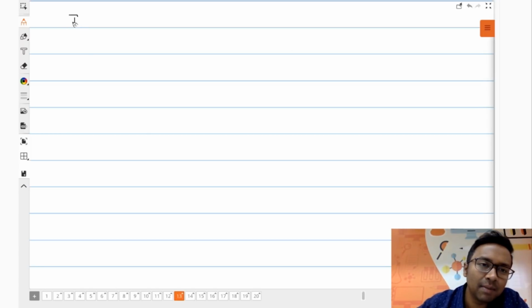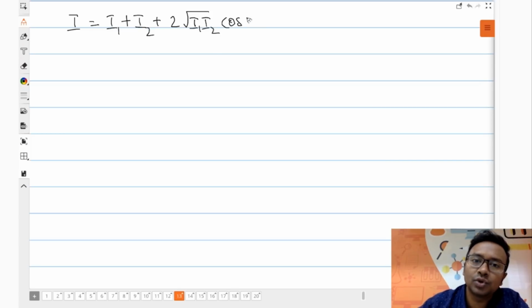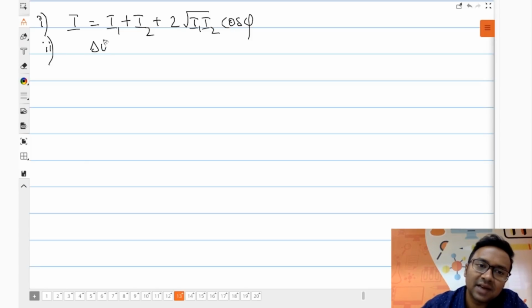I always remember I is equal to I1 plus I2 plus twice root I1 I2 cos of phi. That is my first equation. The second equation is delta phi is 2 pi by lambda into delta x.